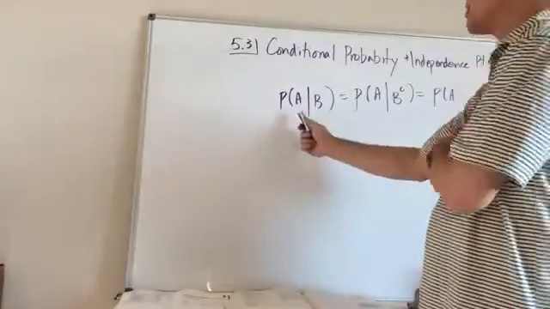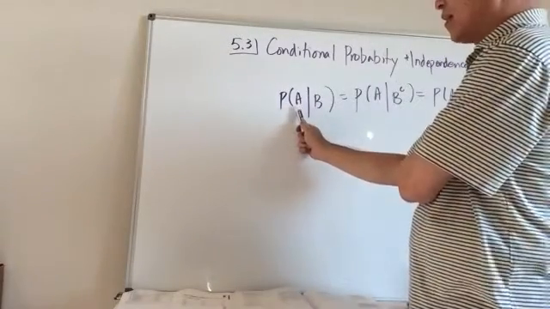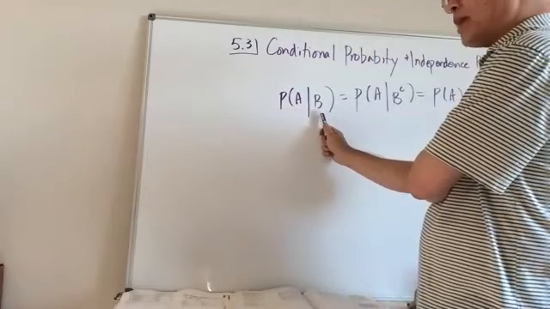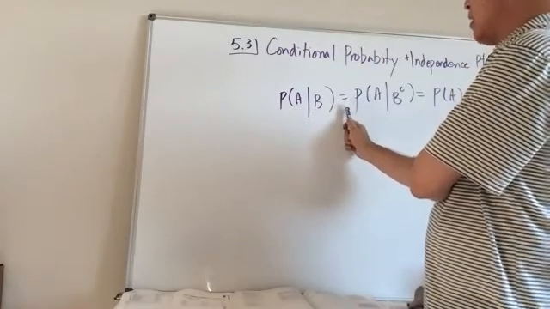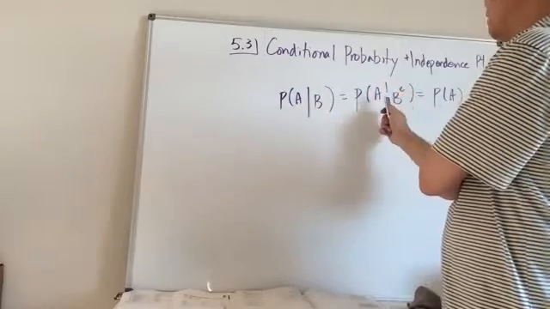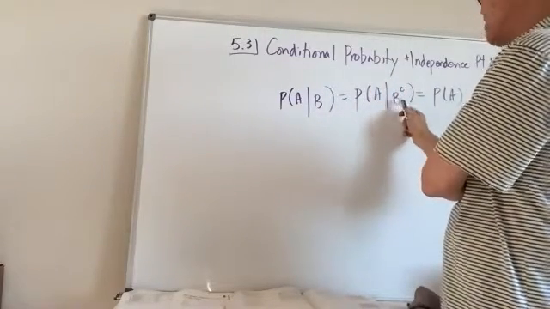Basically, what it's saying is that the probability of A happening, given that B happened, is the same as the probability of A happening given that B did not happen, because this is the complement.